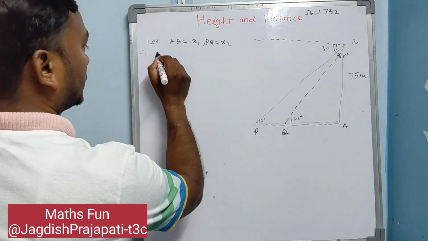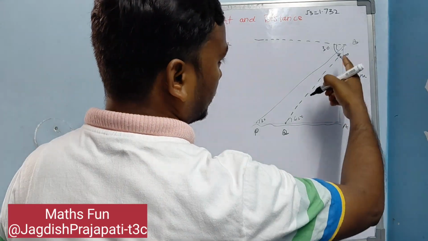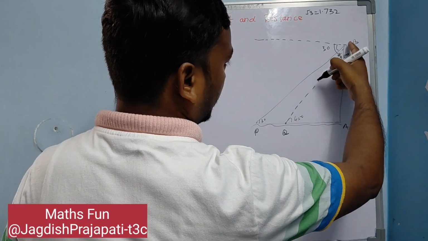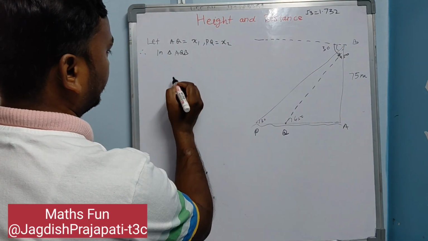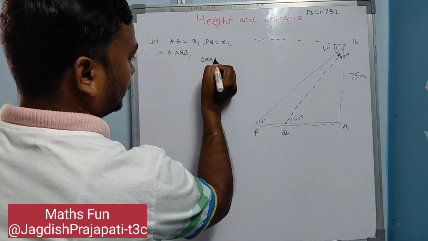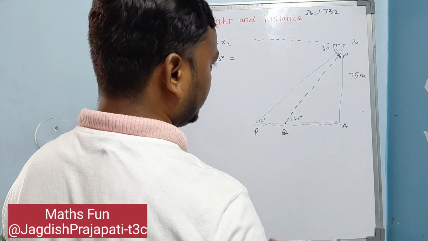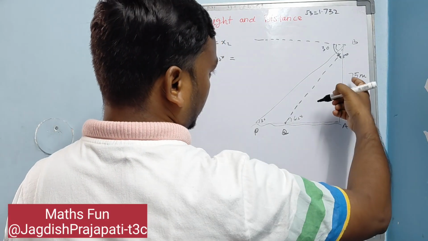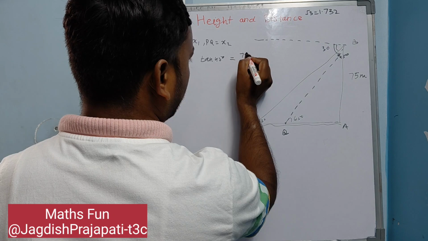Therefore, in triangle AQB, tan 45 will be, this is perpendicular, this is base, 75.